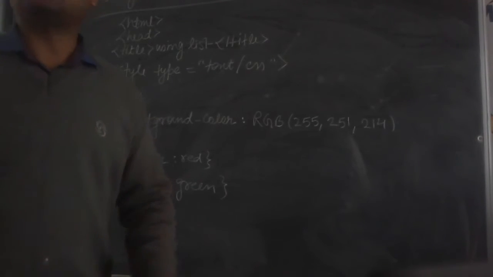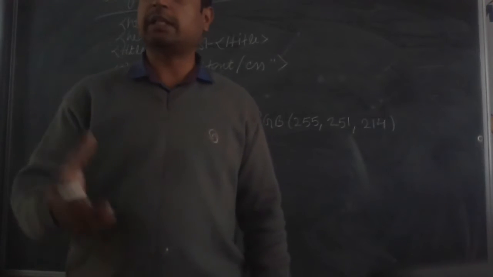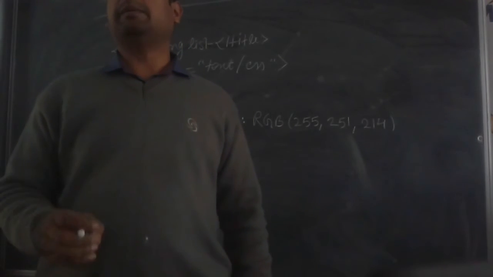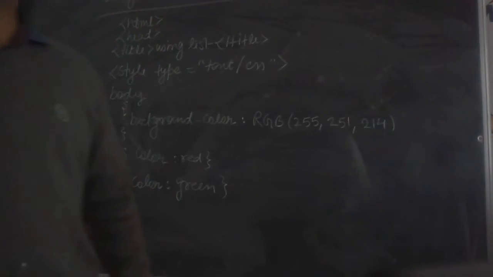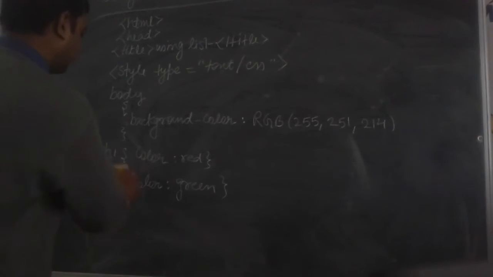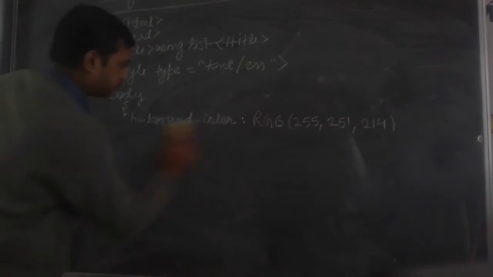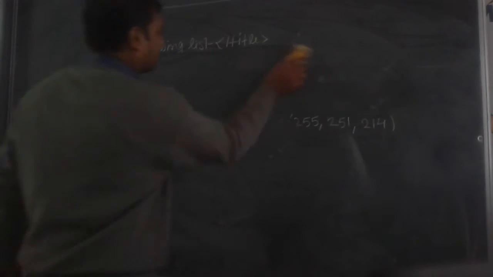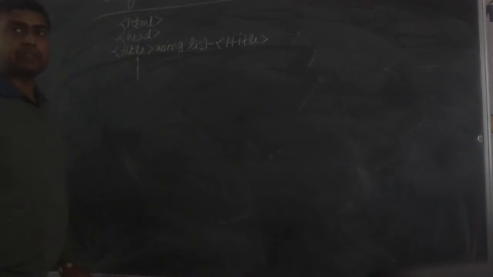Now inside the body, whatever the values you are giving, that will be applied with the particular format. Let's see an example. Inside this body I have some tags which I have erased.